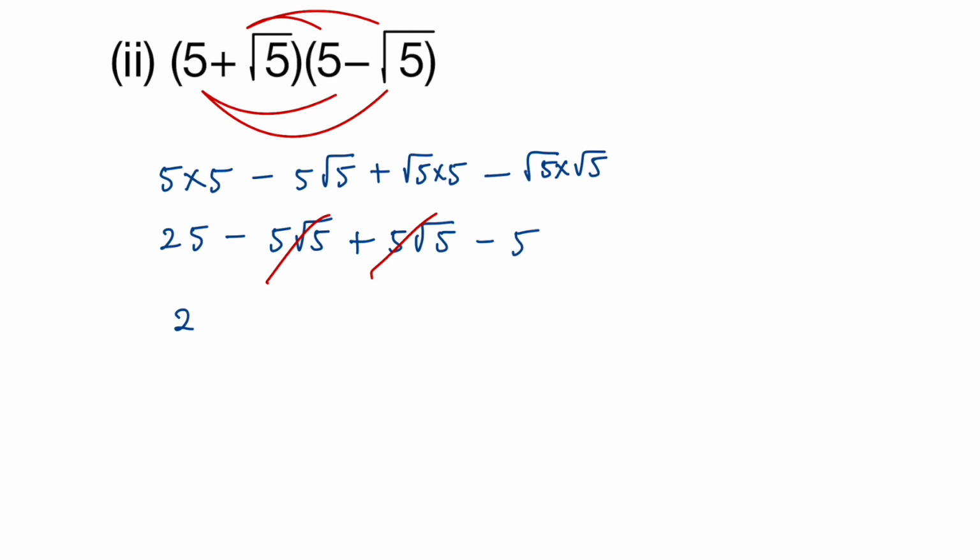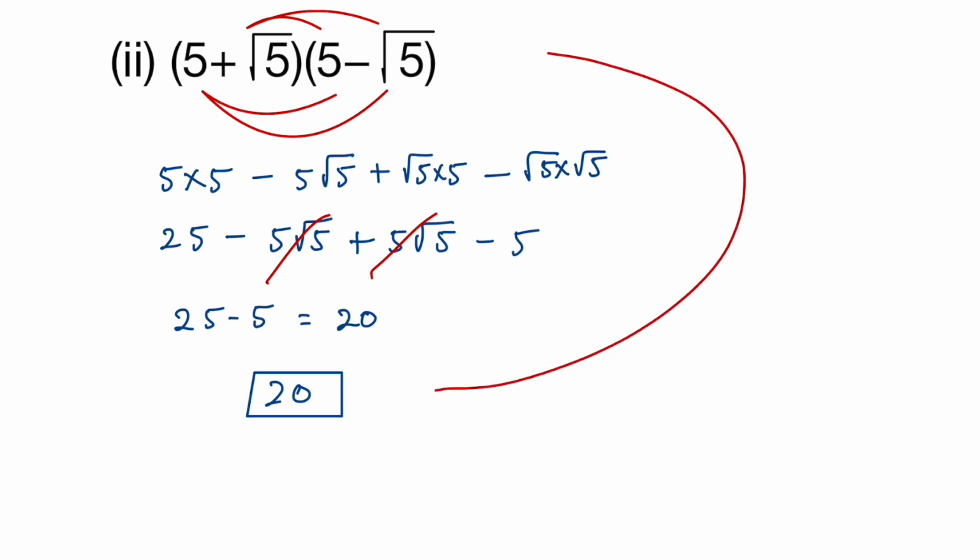In the next step you just have 25 minus 5 and that gives you a value 20. Now in this case, 20 is actually simpler and in a simplified form when compared to the question here.